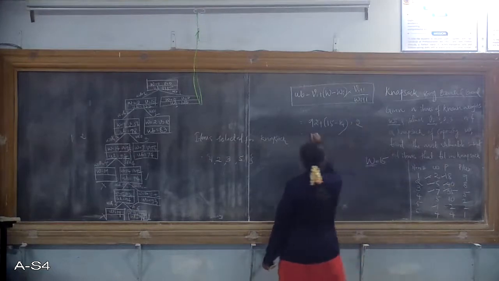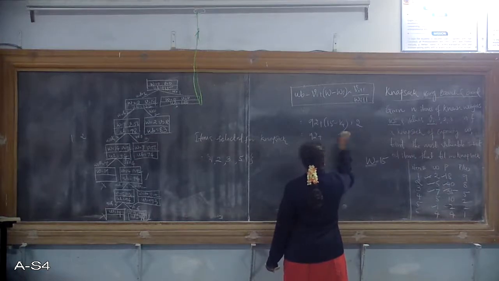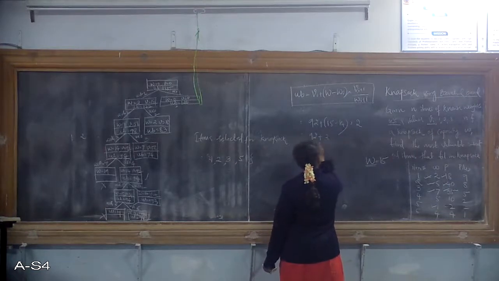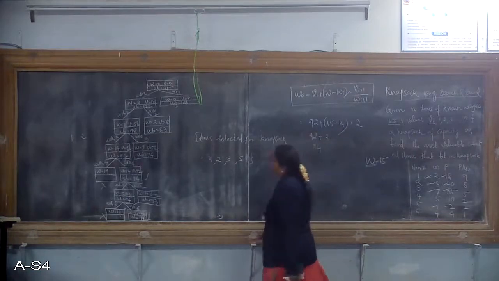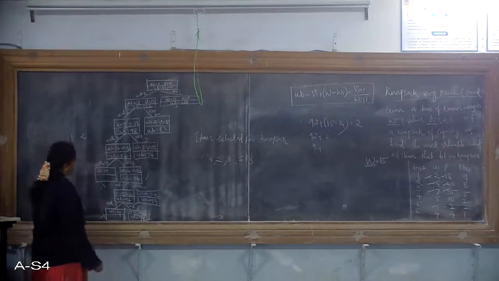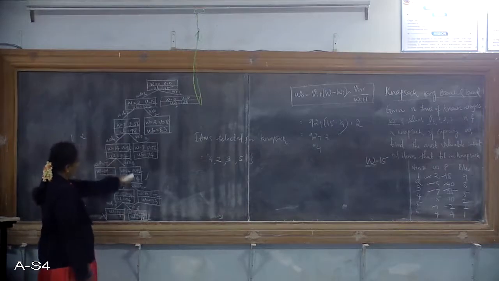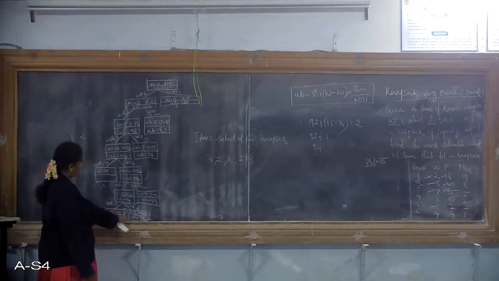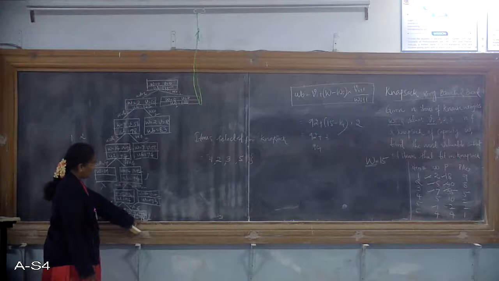So this is 92. 15 minus 14 is 1. 1 into 2 is 2. This is 94. This is also correct. So here itself, please verify. Here I should get 95, whereas I got 94 here. So check these steps again.